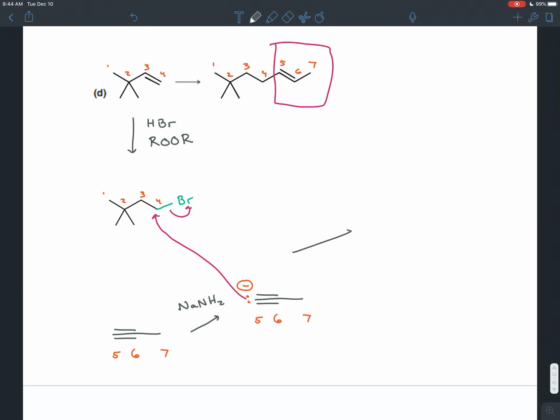And notice the beauty of this is that the reactive part of our molecule is in the right place.